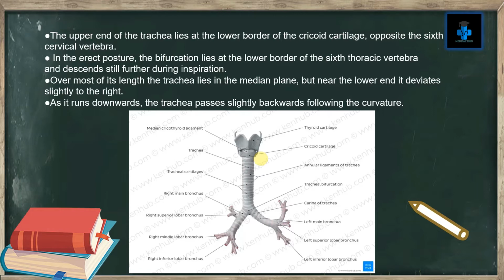Over most of its length, the trachea lies in the median plane, but near the lower end it deviates slightly to the right. As it runs downwards, the trachea passes slightly backwards following the curvature. So this is the tracheal bifurcation I was talking about, and this is the trachea.